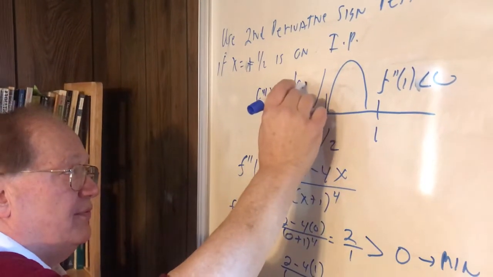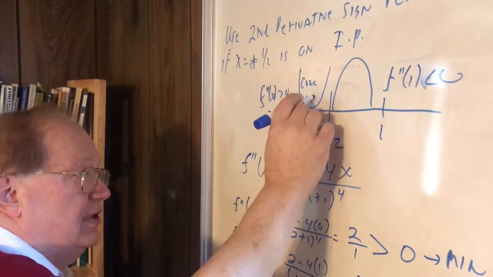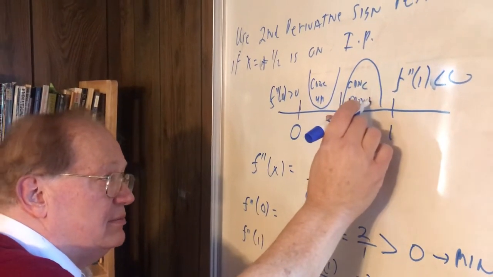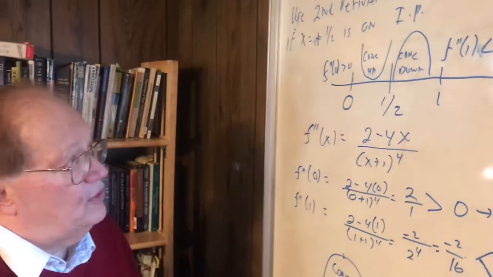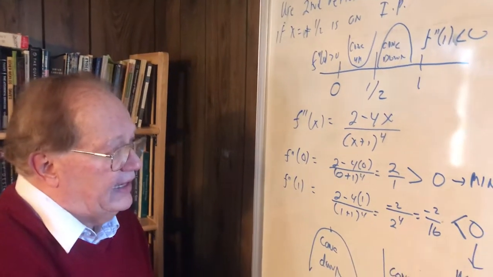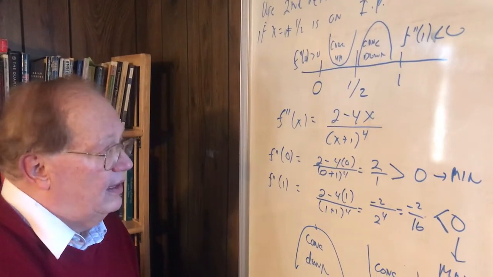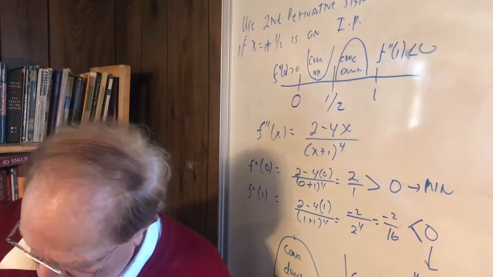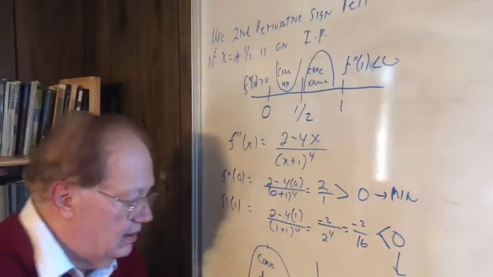This is concave up. This is concave down. Now, because there's a change in concavity, this is an inflection point.